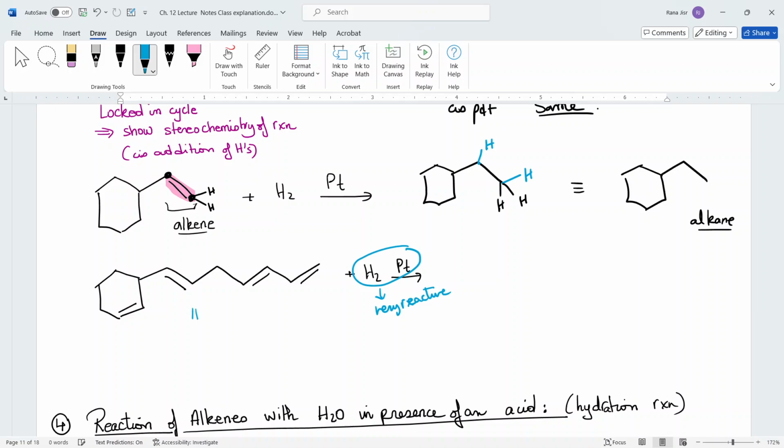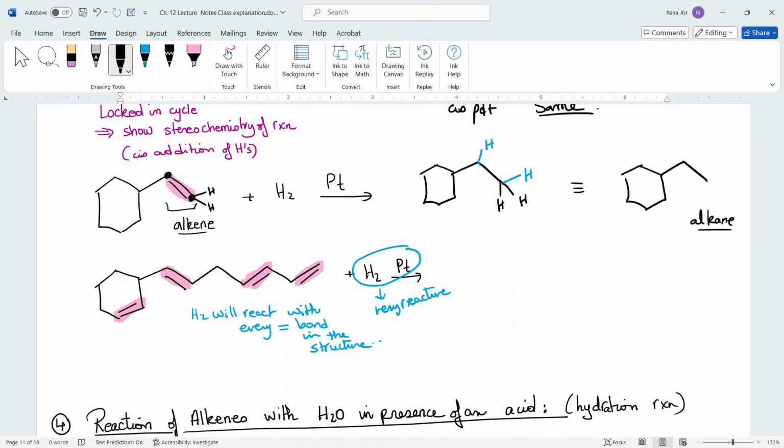So here, how many double bonds do I have? I have 1, 2, 3, and 4.